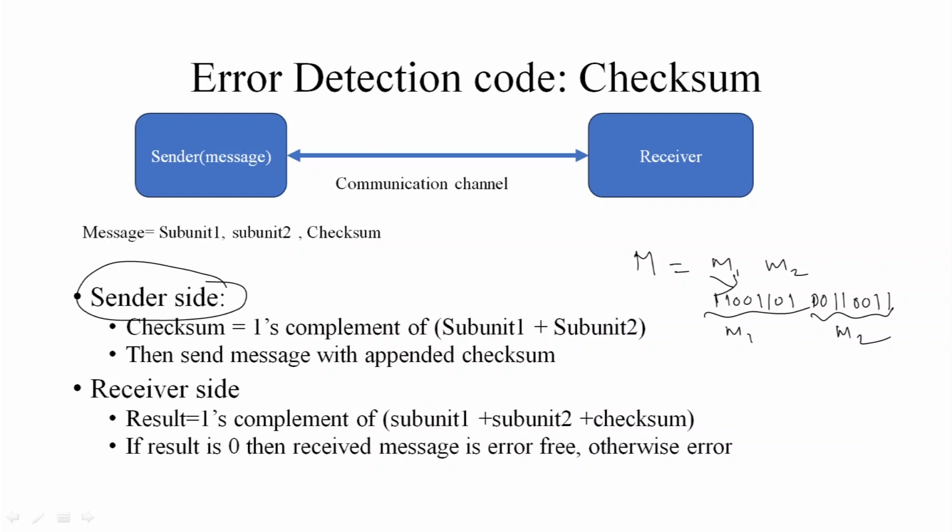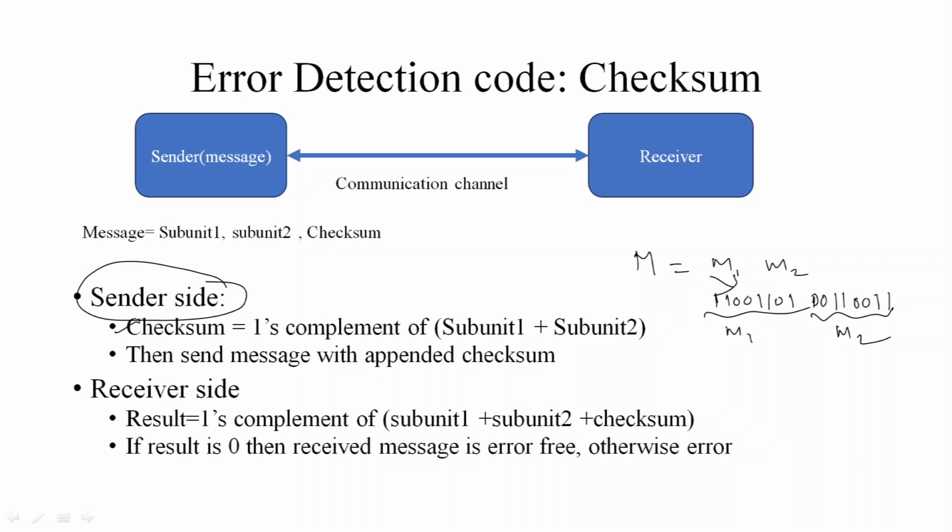What is a checksum? Both parties, sender and receiver, know the method of computing a checksum. The receiver uses the same method for verifying whether the checksum is correct, meaning whether the message received is correct or not. For computing a checksum, the sender uses ones complement. First add these 2 units.